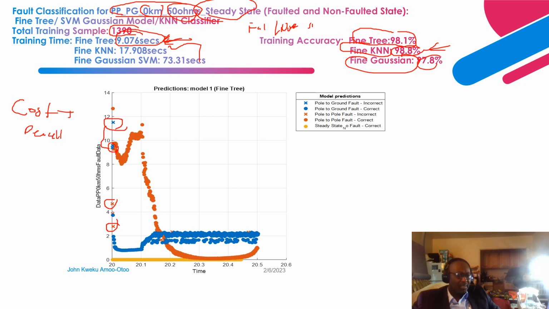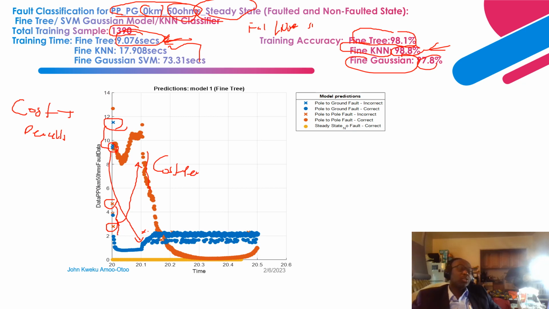To bring these misclassified points close to where they belong, that's where the cost penalty comes in. So you see cost penalty as part of your output data. That's what it means. The same applies to this one: to bring it closer to the cluster where it belongs, there is a cost penalty associated with that.